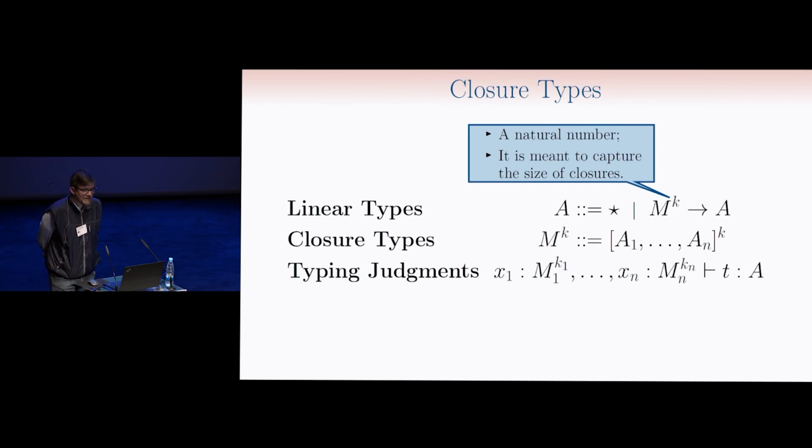And this natural number is simply meant to capture the size of the closure which will be substituted for the variable. And indeed, in typing judgments, variables are typed with closure types, so you also need this label.